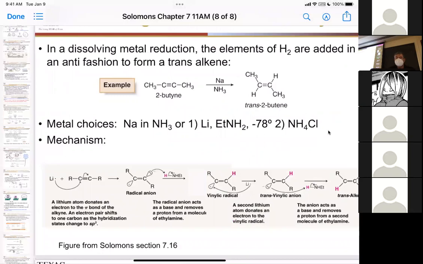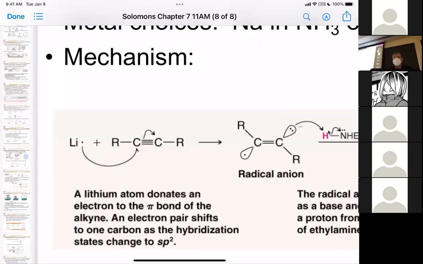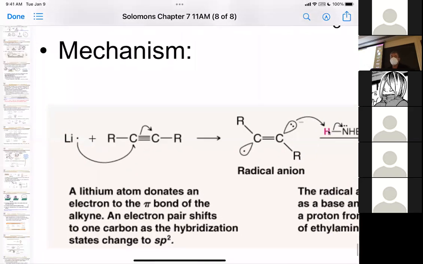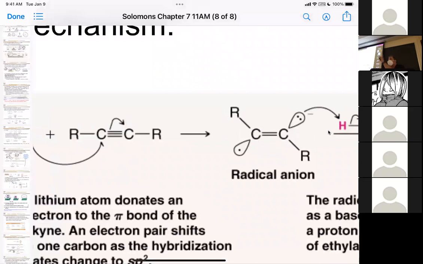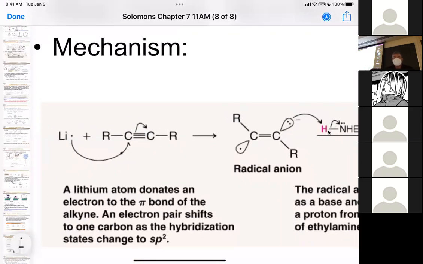But in the dissolving metal reduction, we actually have a very long mechanism. The first thing that happens is you have your neutral metal, with one electron in its outer shell. We can use sodium or lithium right here. It donates that one electron to the pi orbitals here, and what you end up with is a radical anion. It only donated one electron. Notice there's one barb on this arrow.